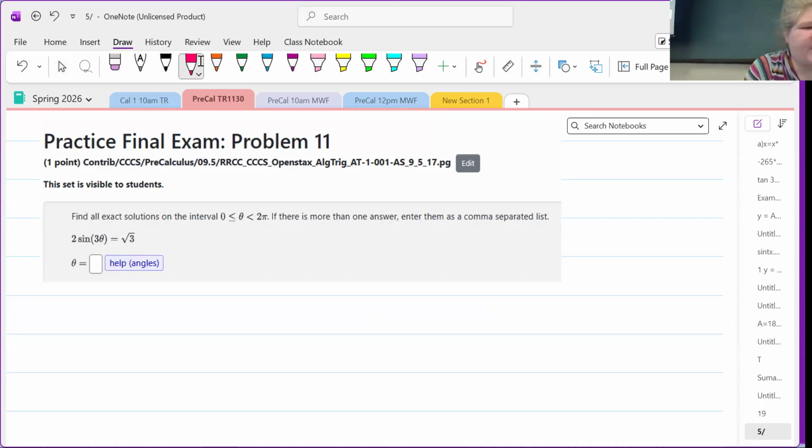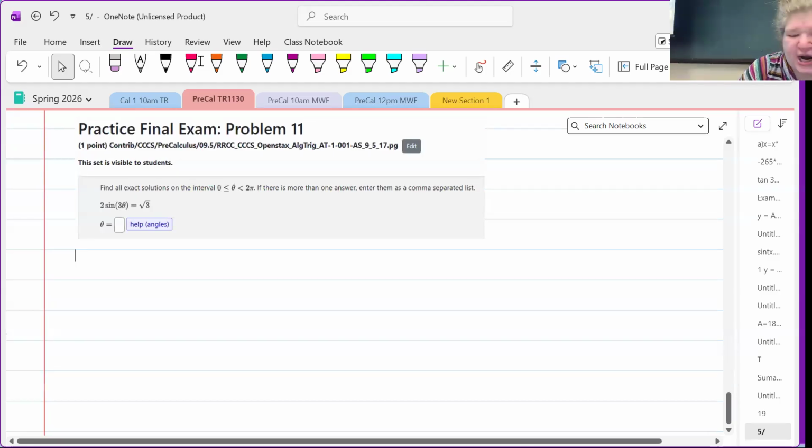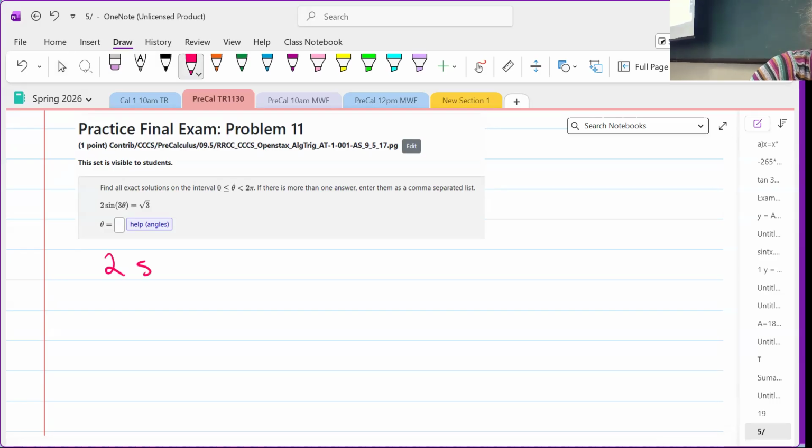So this one, we've got 2 times the sine of 3 theta equals the square root of 3. So that 3 theta in there is going to be a little bit weird in our answers, but the first steps are still the same. We're just trying to get our theta by itself. So 2 times the sine of 3 theta is equal to the square root of 3.